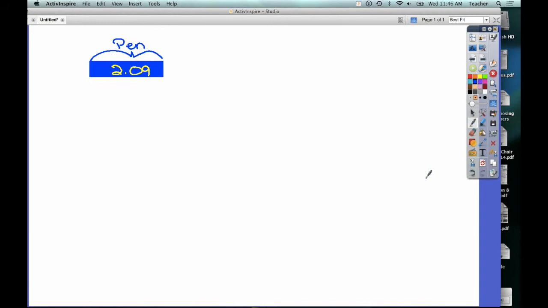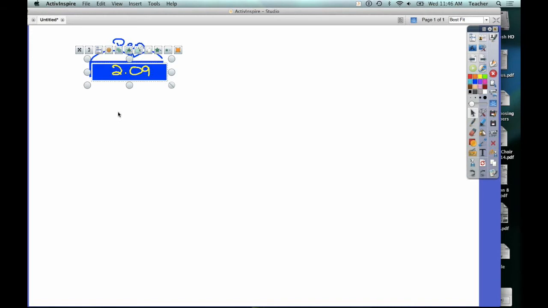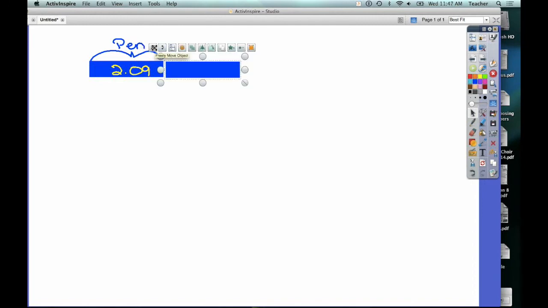So would the marker be at least $2.09? I would think so, because we know the pen is less than the marker, right?